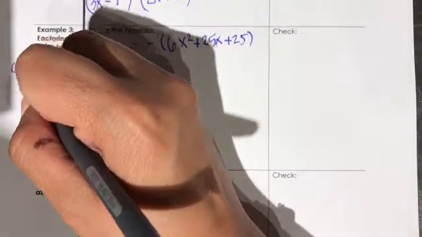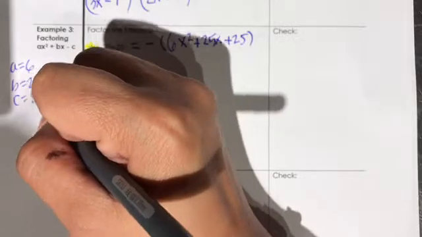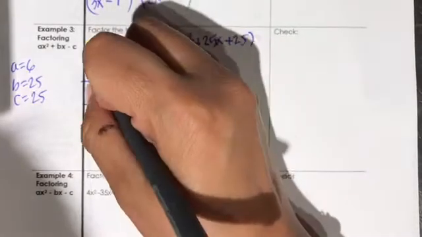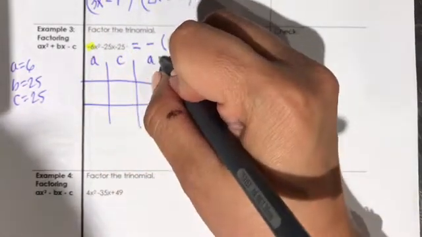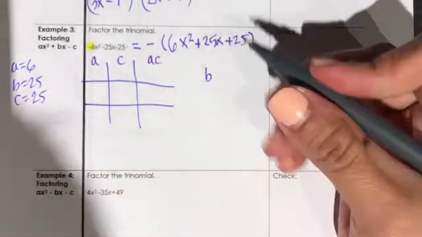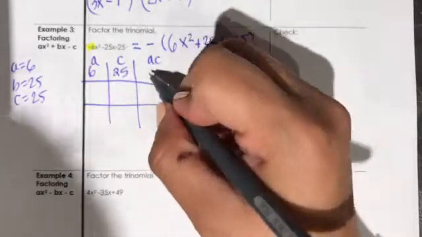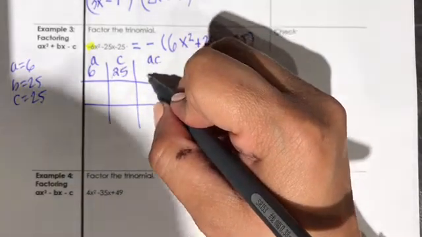So A equals 6, B equals 25, C equals 25. A, C, B. So A is 6, C is 25, AC, 6 times 25 is 150.